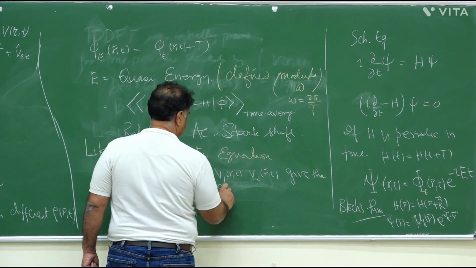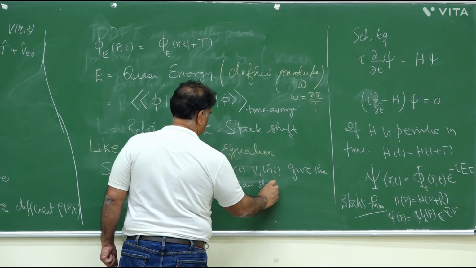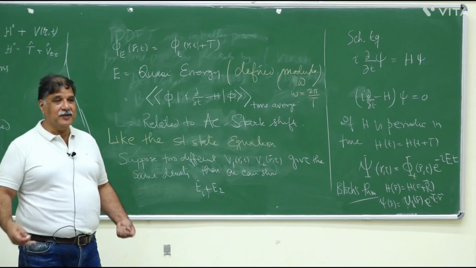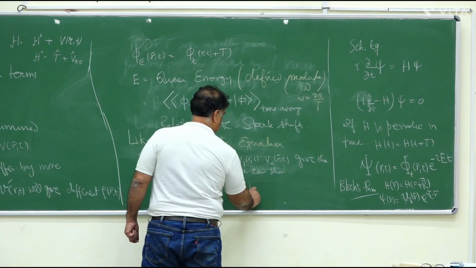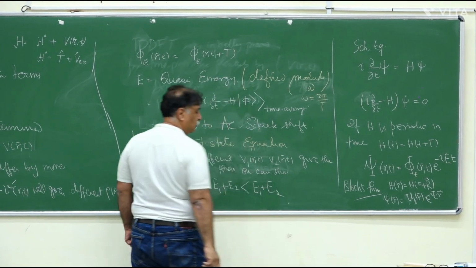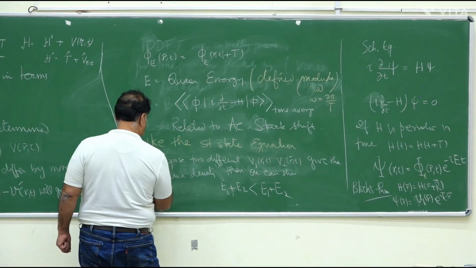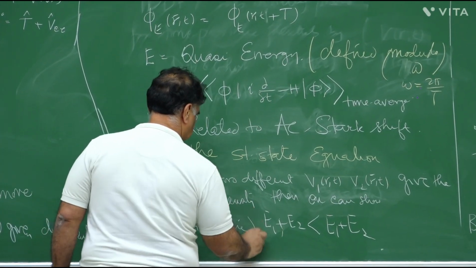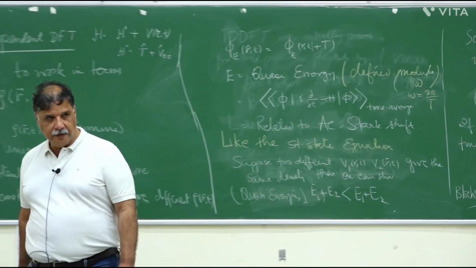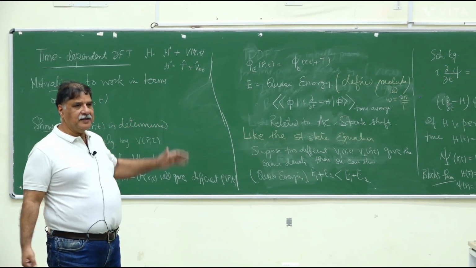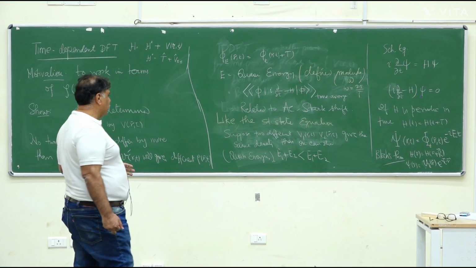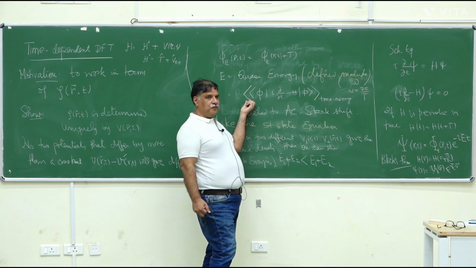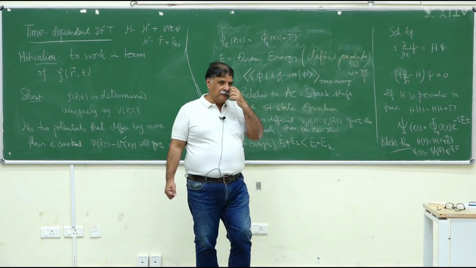Then one can show that E1 and E2, where now E1 and E2 refer to quasi energy, are equal. Alright? So you do exactly the same manner as you did in the Runge-Gross theorem, except that now you take the time average also. And then you can do the rest of the things.